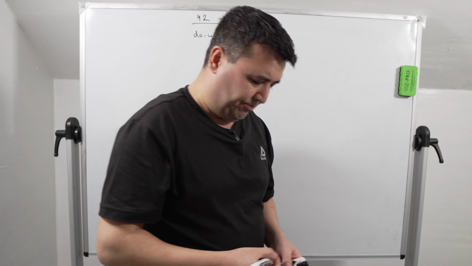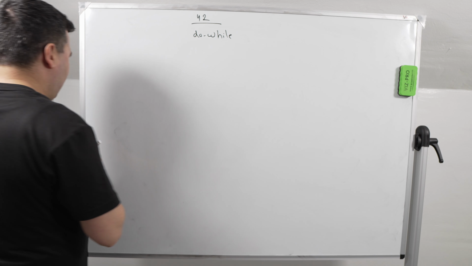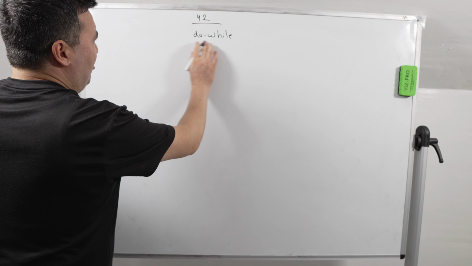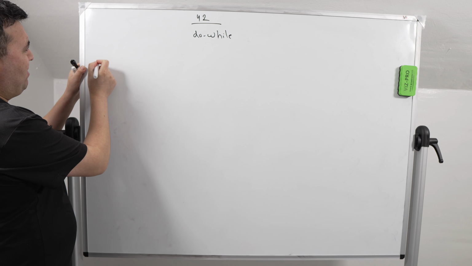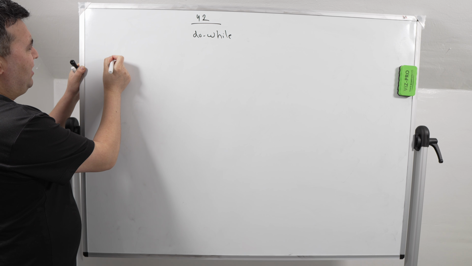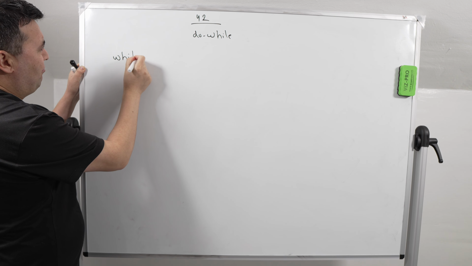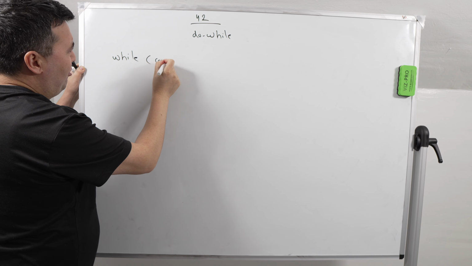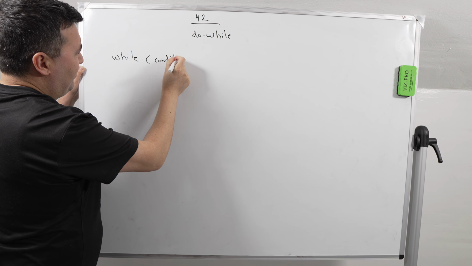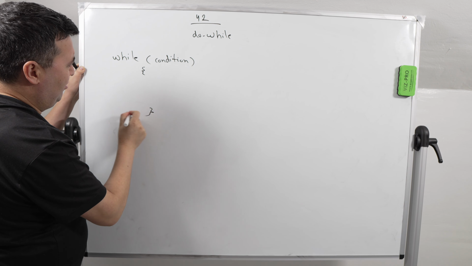So let's see how we can implement the do-while loop in our programs. If you remember from the previous lecture, if we planned to use the while loop in a program, we use while, then we have the condition, and then we have the block of the while loop.